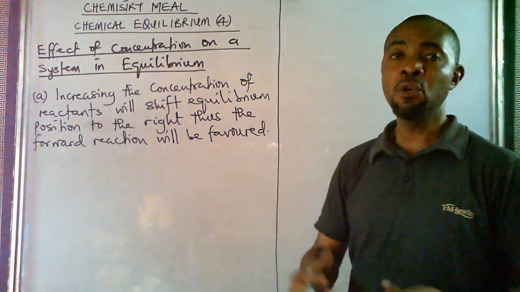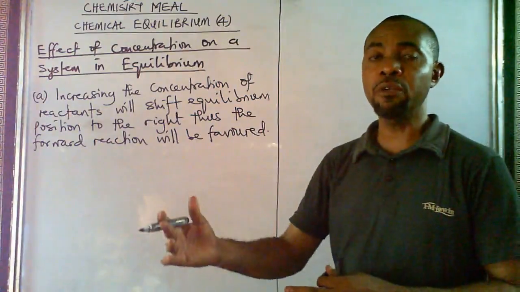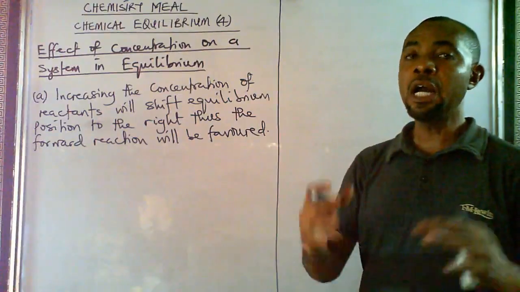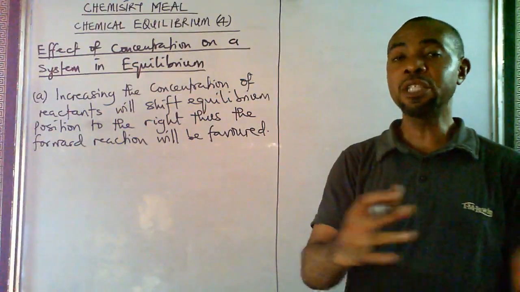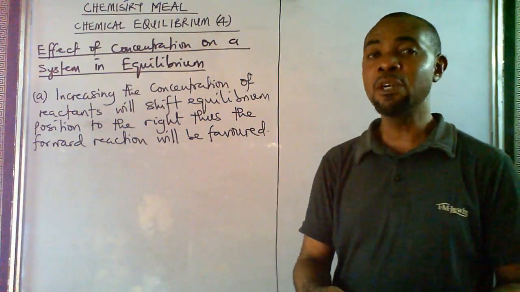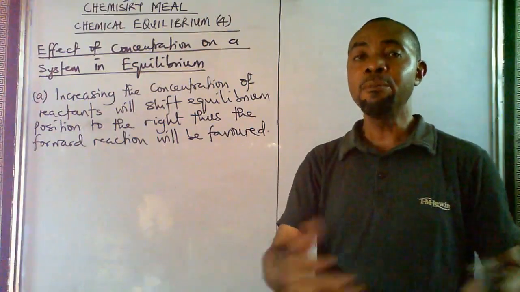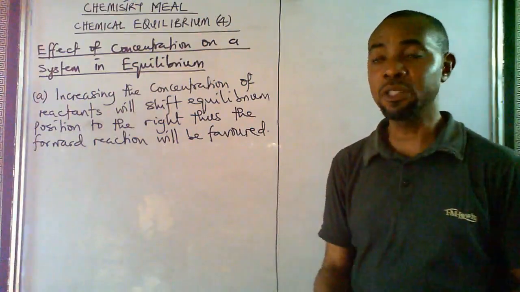When the equilibrium position shifts to the right, the forward reaction is favored. When we say the forward reaction is favored, it means more products are generated or formed, meaning that more reactants will be used up.